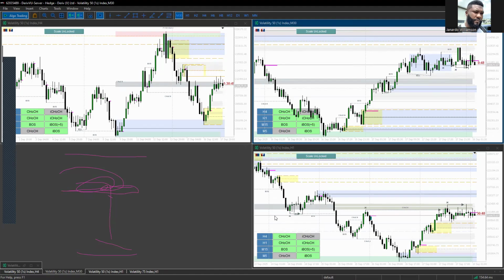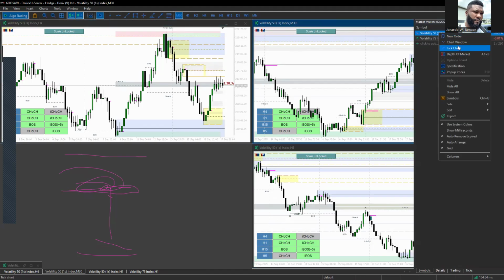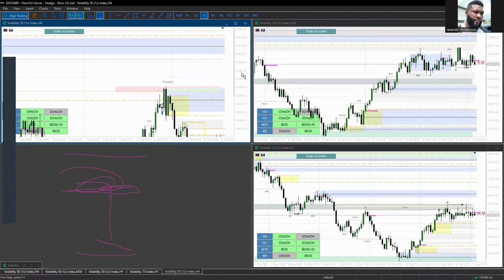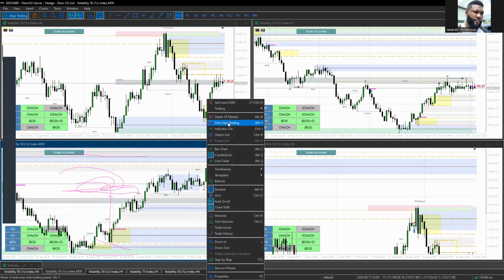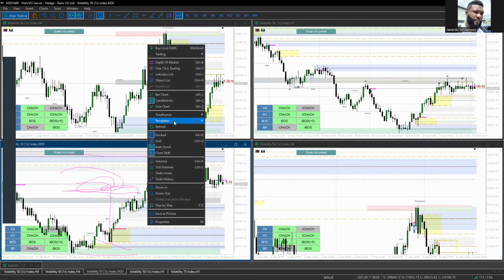Let me make this. Whoa, what did I just do? Close that one. Let me open this again. So let me reopen this one. Give me a second, let me fix this. Need to load back the correct template.